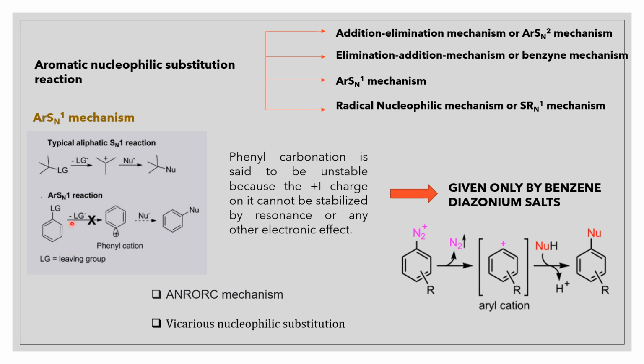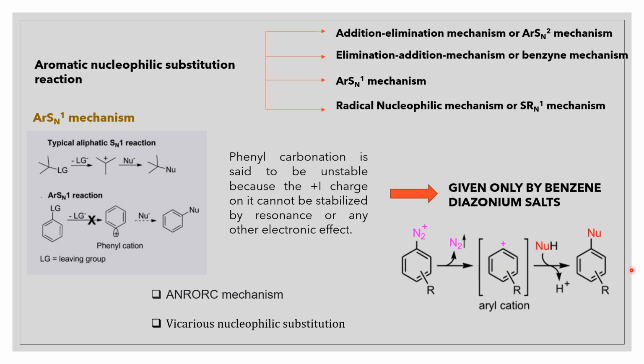That is, the formation of the phenyl cation is not possible, because the phenyl cation is not stabilized by any electronic effect like resonance effect. Therefore, this reaction is not possible with all aromatic systems, but it is possible only with the benzene diazonium salt. So when you are having benzene diazonium salt as substrate, you can expect an ArSN1 mechanism, because in this particular case, it gives an extra stability to the phenyl carbocation.